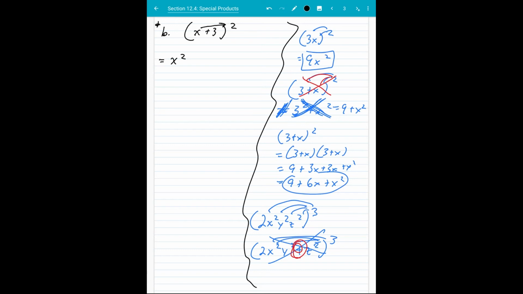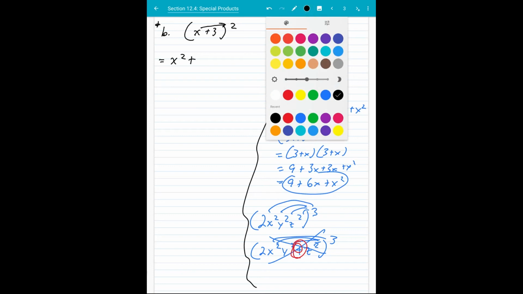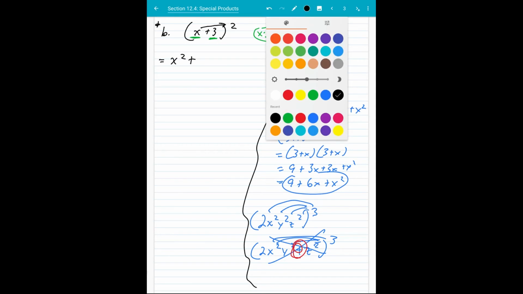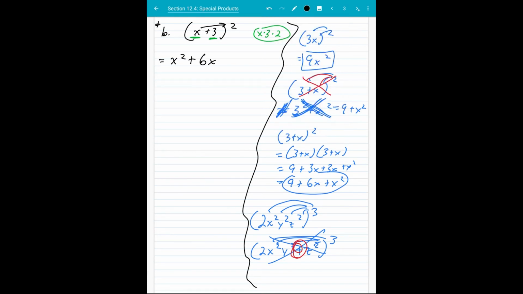Then this middle number, the next number, is going to be this number times this number times 2. So I'm saying x times 3, and then times 2. You're always going to put this 2 on the outside. X times 3 times 2 makes 6x. Then I'm going to say 3 squared. That would give me 9. And I get my answer right away.